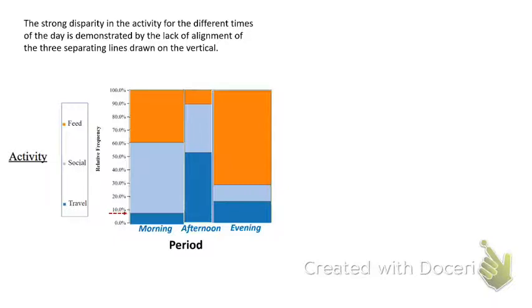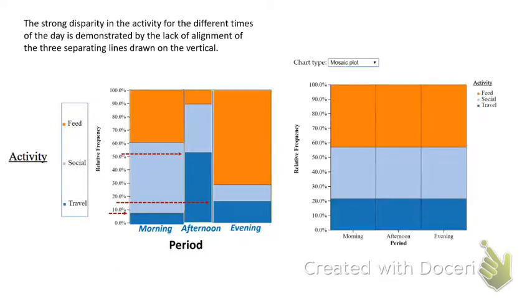But what we look at instead is the height of the different colors. So we're looking at the height of the dark blue bars. The fact that the dark blue bars are very different, so the afternoon dark blue bar is much higher than the morning or evening, that would be evidence to suggest that there is an association between the time of day and the type of activity that the dolphins are engaging in.